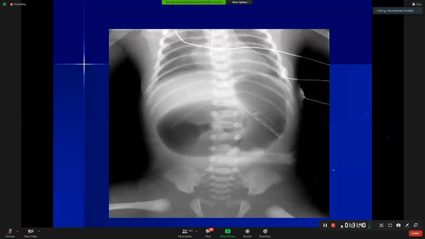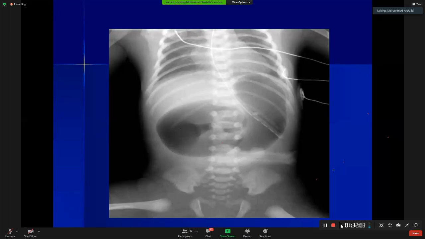The antenatal ultrasound will show that the stomach and the proximal part of the duodenum are filled with amniotic fluid, giving a double anechoic sign, because of duodenal atresia. If there is air seen distally, then you can evaluate with ultrasound for the presence of annular pancreas.